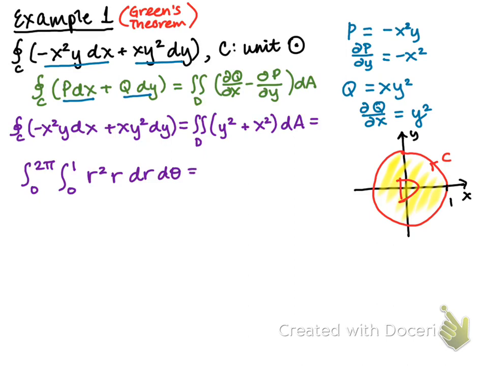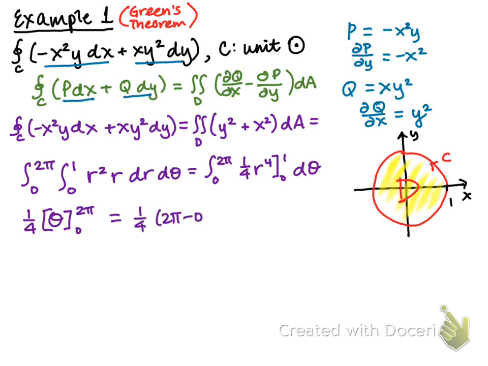So r cubed is going to integrate to 1/4 r to the 4th. And so I'm going to get 1/4, and then I'm going to get theta from 0 to 2 pi. And I get pi over 2.